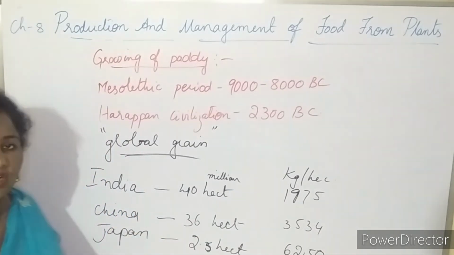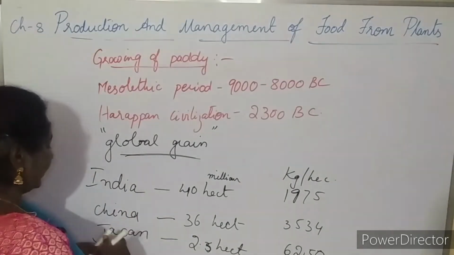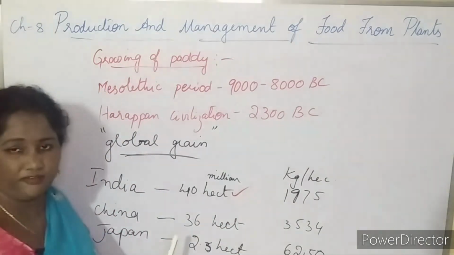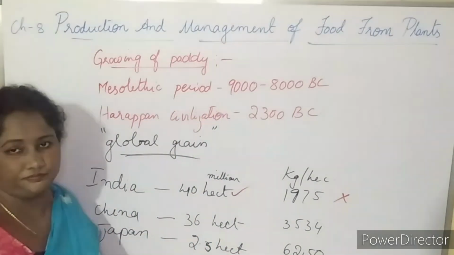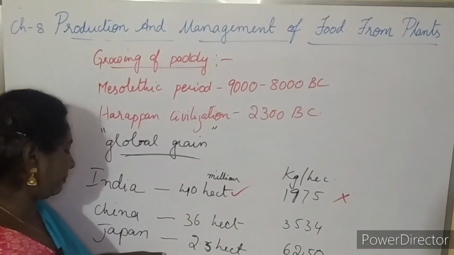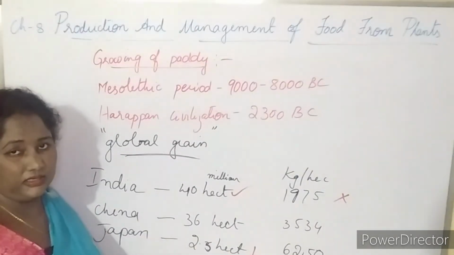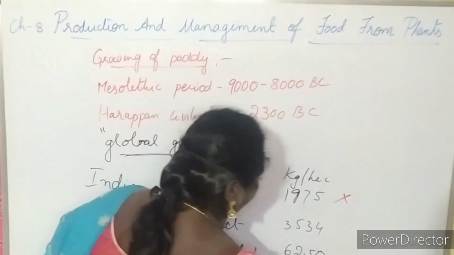6250 kgs. So overall, India, even though it is cultivating more land for paddy, is getting less production. And Japan, even though it is cultivating less land for paddy, is giving more production.